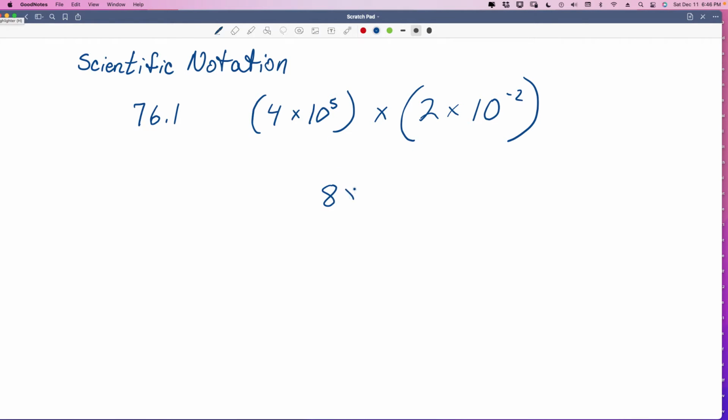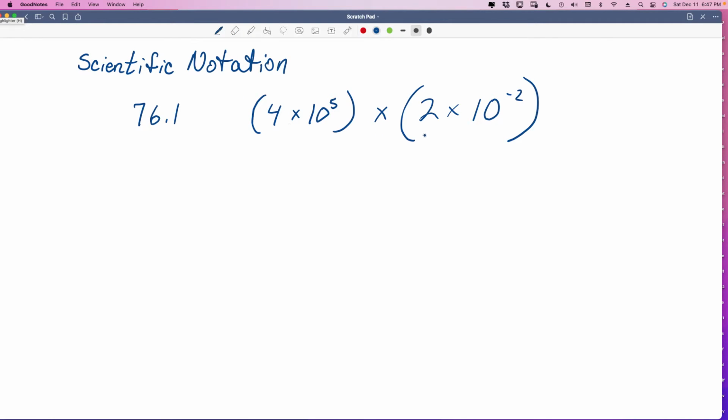And then when I multiply my base 10s, I treat them like a variable. And when I do that, I just combine the exponents. So my exponent of 5 and negative 2 would just be 5 minus 2. So I would have 8 times 10 to the 3. Easy peasy.